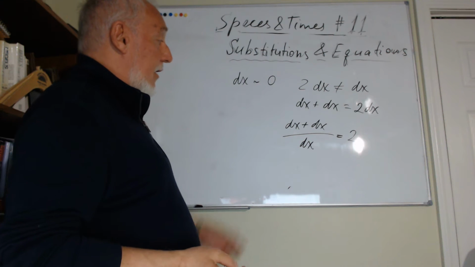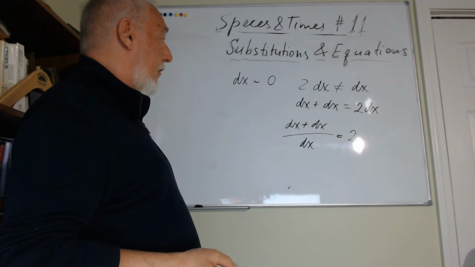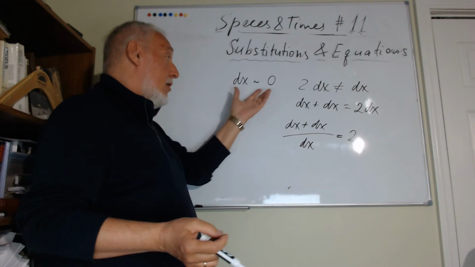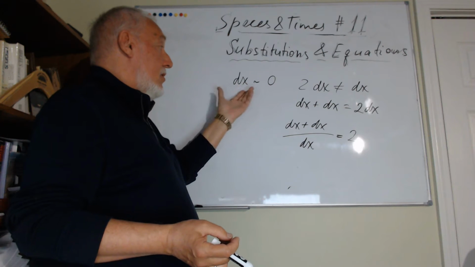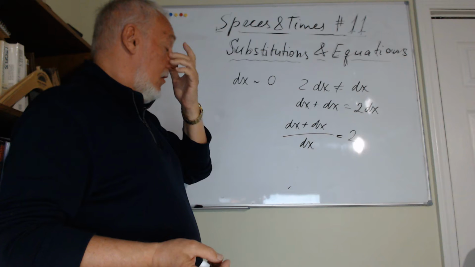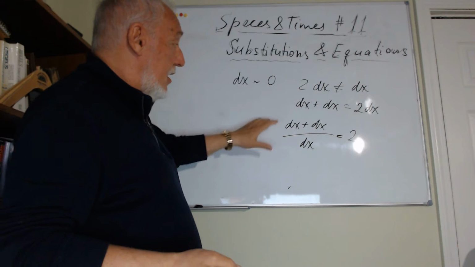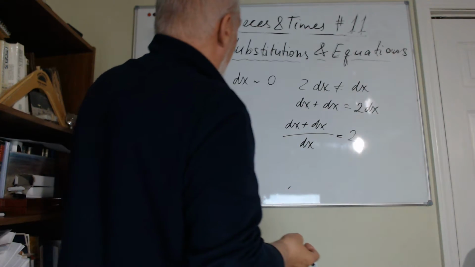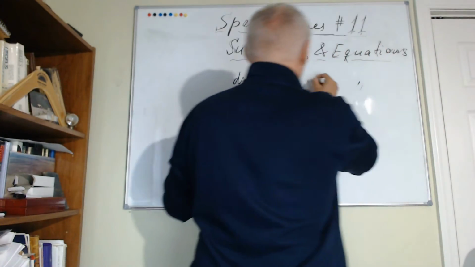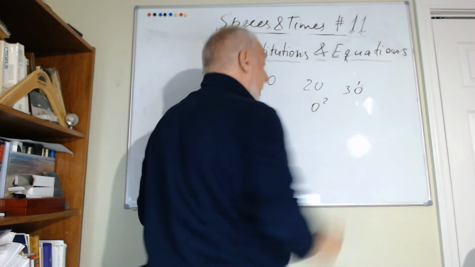Interesting enough, we're working almost with zeros, but still we don't have this thing. Look, they're almost the same, dx and 0, almost, but not exactly. You can work with things like 2 zeros, 3 zeros, 0 squared, and all that.